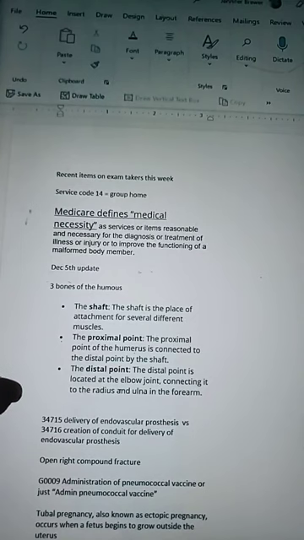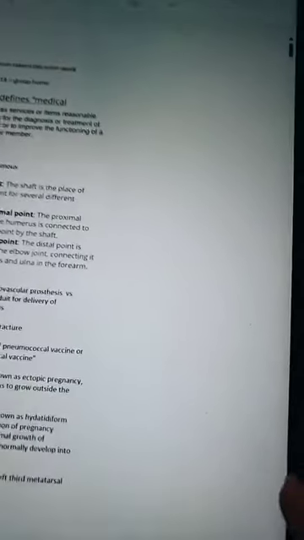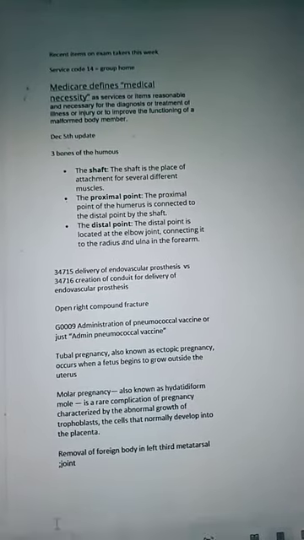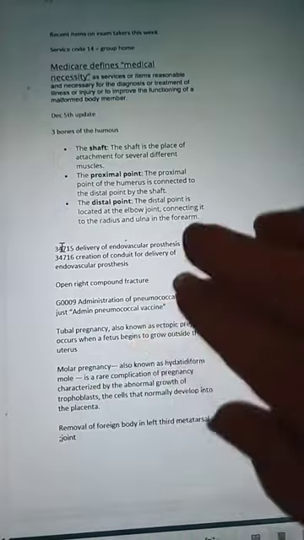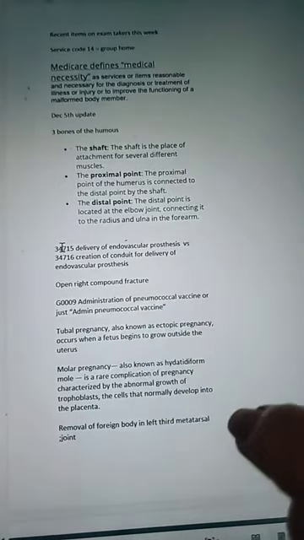The difference between CPT codes 34715 and 34716. This is a page that really, if you've done any of the other companies' programs online, they don't have a lot written about these pages, other than just boxing them. So this particular code, 34715, is delivery. Write that right underneath that CPT code.